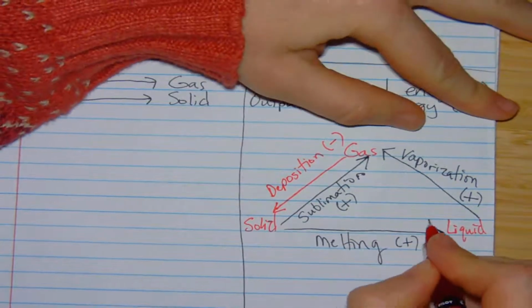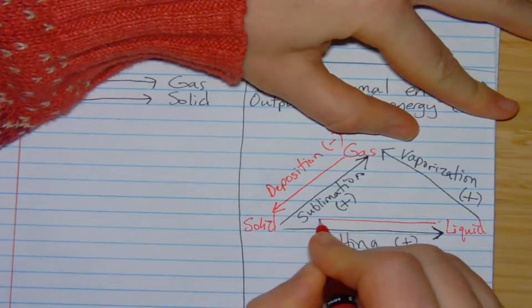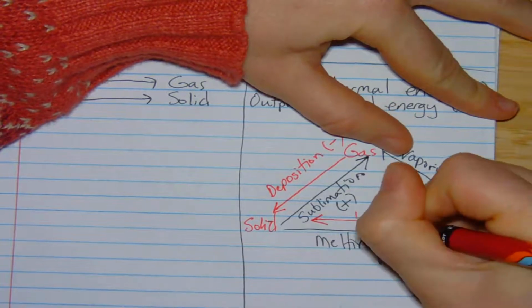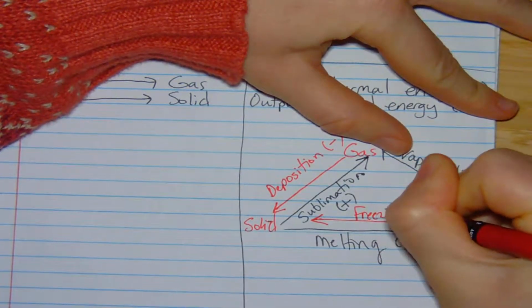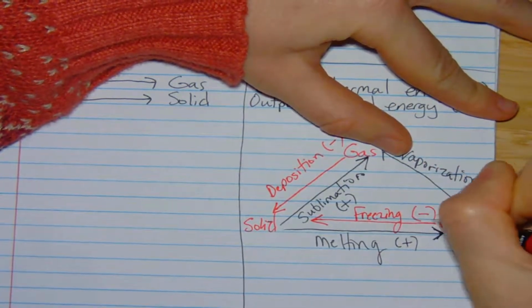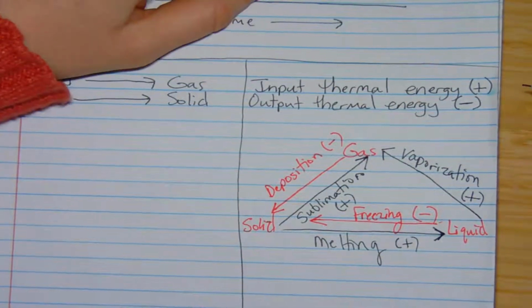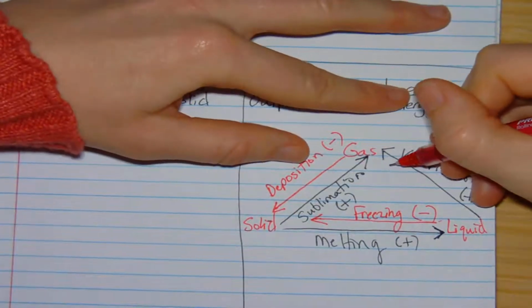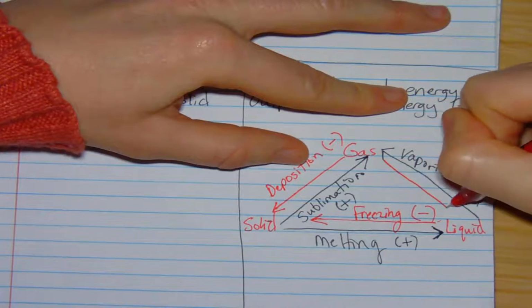If we had liquid water and we want to turn it to ice, obviously we know that's freezing. That's an output of thermal energy. If we had a gas, this happens a lot in the summer.